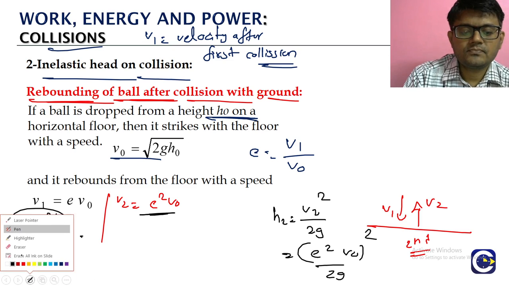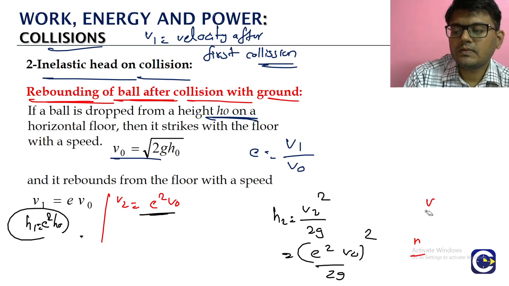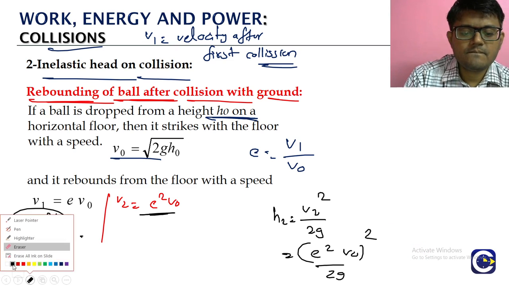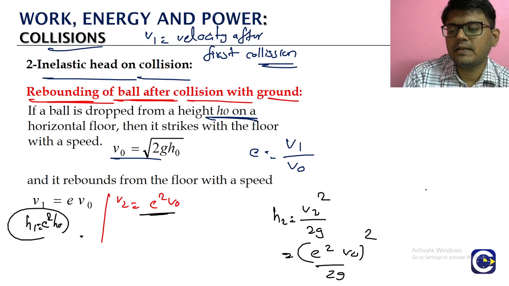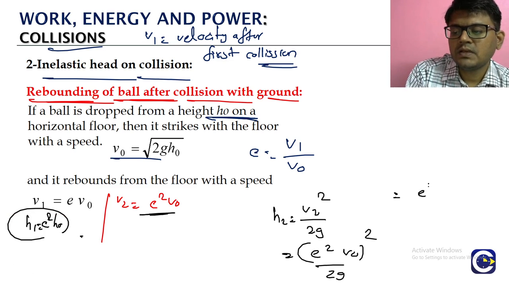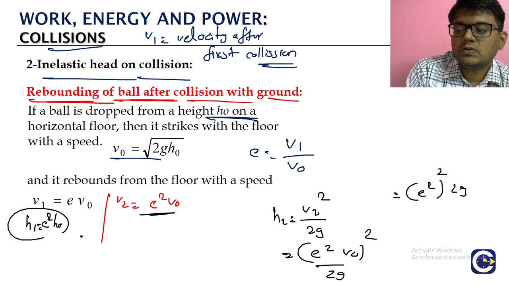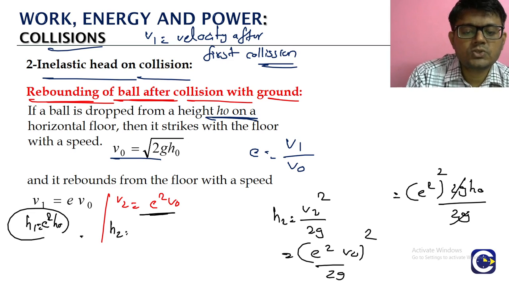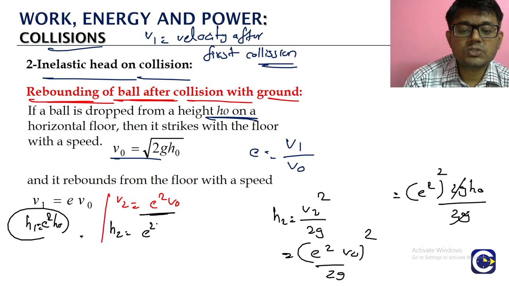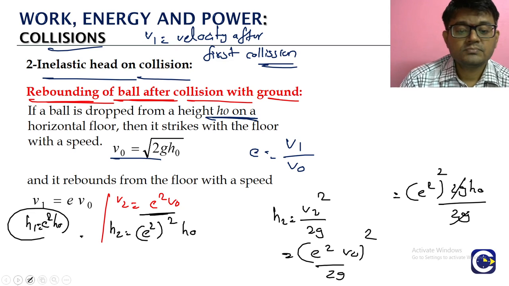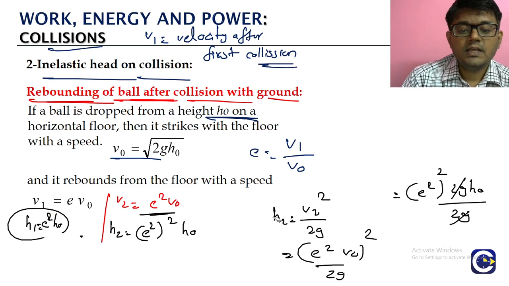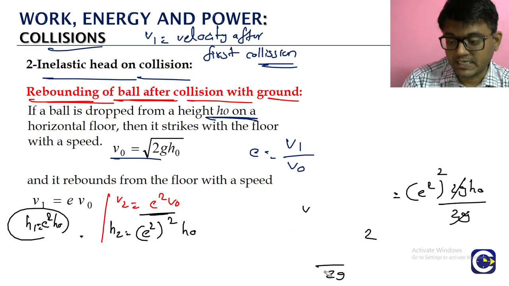That will be e square whole square into v naught square by 2g. So h2 will be e square the whole square into h naught. This is the height to which it will go after the second collision.